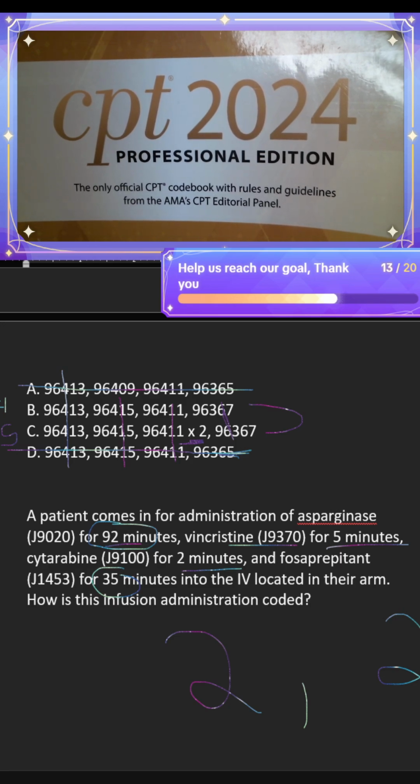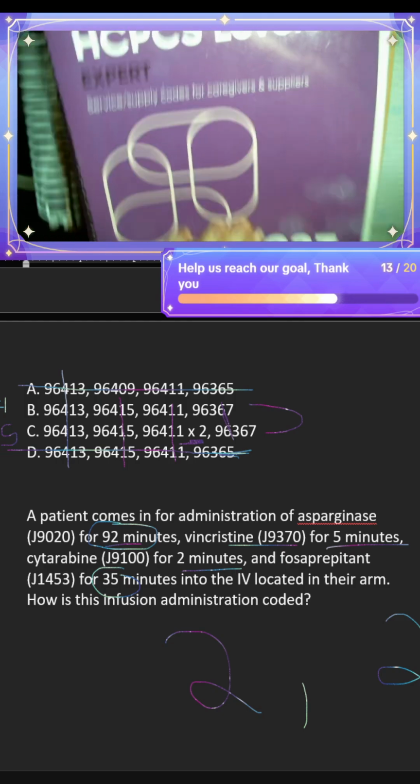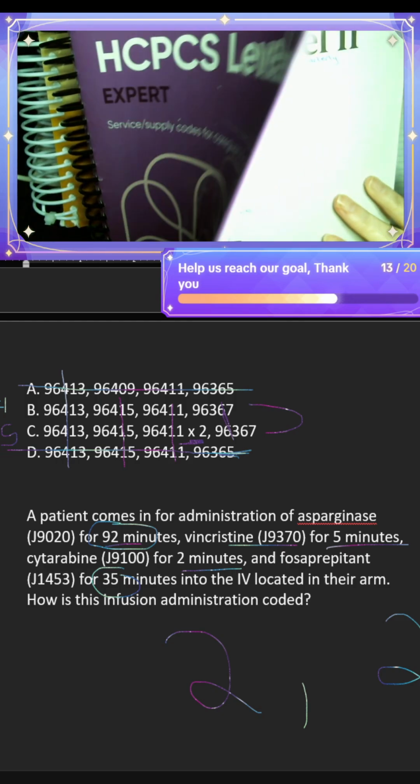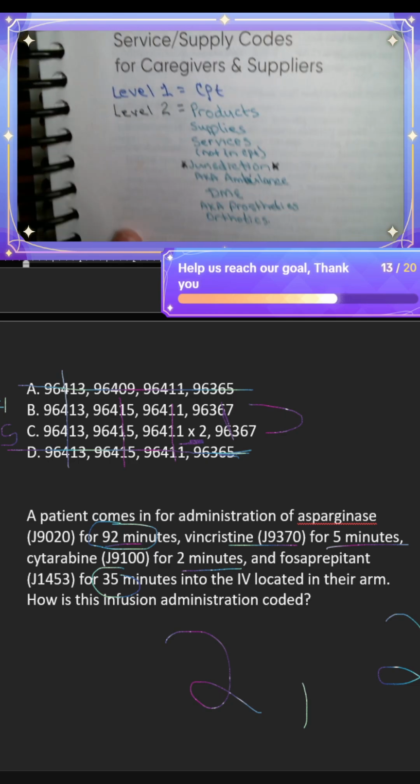HCPCS. Level 1 or level 2? So I have HCPCS notes that are completely done and ready for you just to print out all together that will actually explain everything.